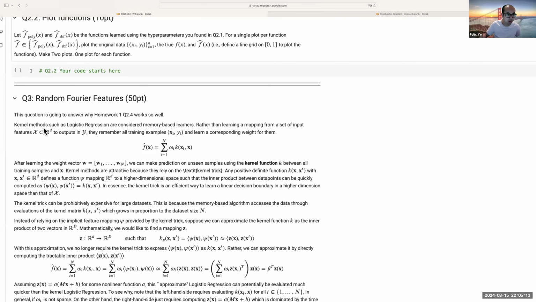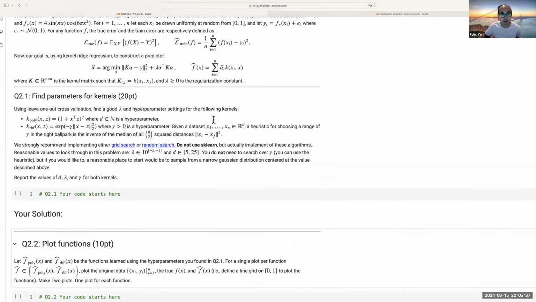This kernel method, like the logistic regression we are working with here, is considered a memory-based learner. Rather than learning a mapping from a set of inputs to an output, it basically remembers all the training examples xi and yi. Then it learns a corresponding weight for each of them, like what we are doing right here.